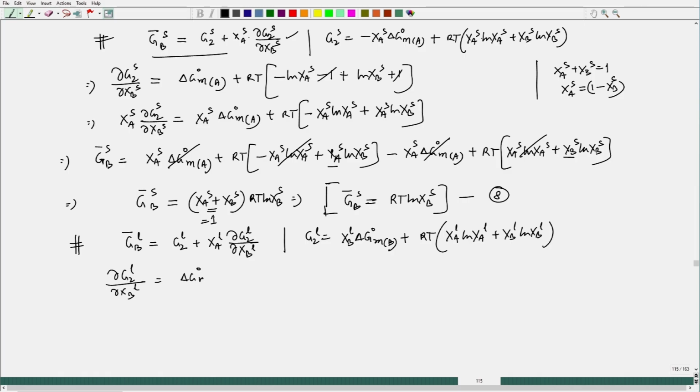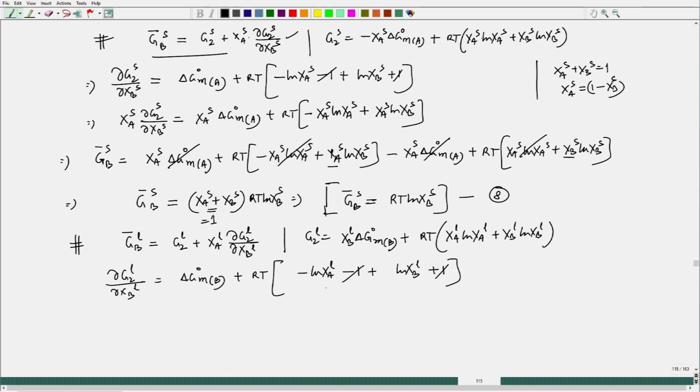So this would be delta G naught M B plus RT times minus ln XAL minus 1 plus ln XBL plus 1.